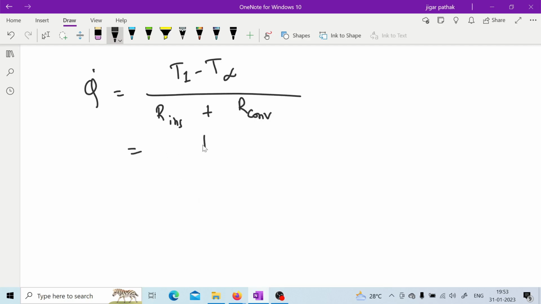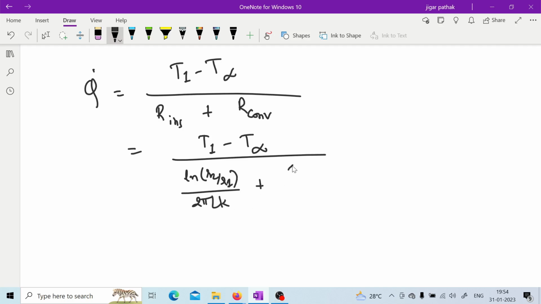If you simplify this, it is T1 minus T infinity over ln(R2/R1) upon 2 pi L k, plus 1 upon h into 2 pi R2 L, right? Because convection resistance is 1 upon h into A, and conduction resistance for the cylindrical case is ln(R2/R1) upon 2 pi L k.